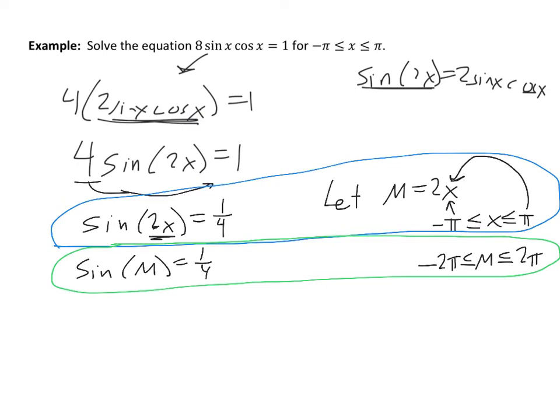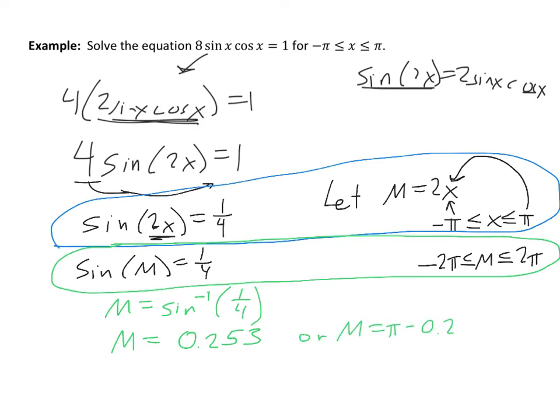From there, I'm going to go through and solve. m will be the arc sine of 1/4. When I solve this on the calculator, I find that m is 0.253. Or, remember, we can also get pi minus that answer, pi minus 0.253, which gives me another m value of 2.89.